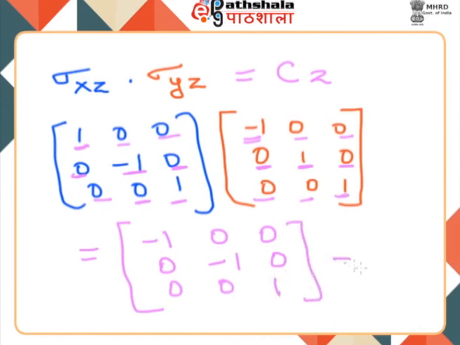And you are familiar that this is nothing but the C2 operation. So what we can say is, when sigma xz operation is followed by sigma yz operation, it is equivalent to the C2 operation.